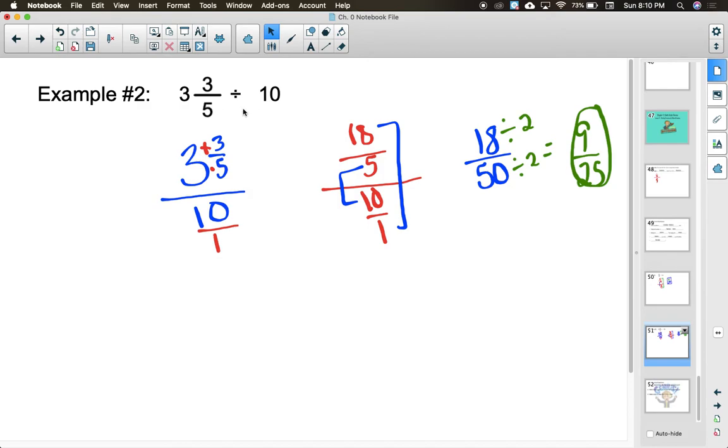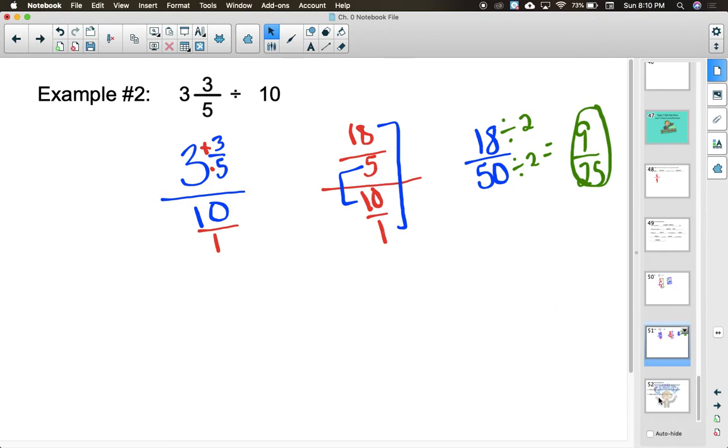Like I said, sometimes I see students try to put the 10 on top. That's going to be an issue. You will get a wrong answer if you do that. Your first number has to go first in the complex fraction. The other problem I sometimes see is students put the wrong number on top in the quotient or answer fraction. Okay, so it's outers on top, inners on the bottom.